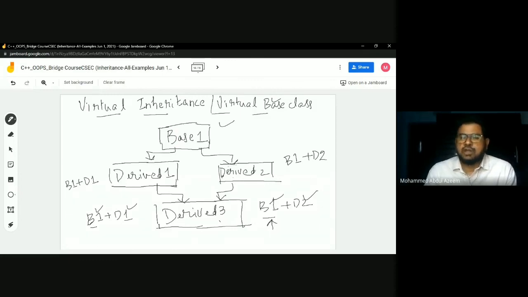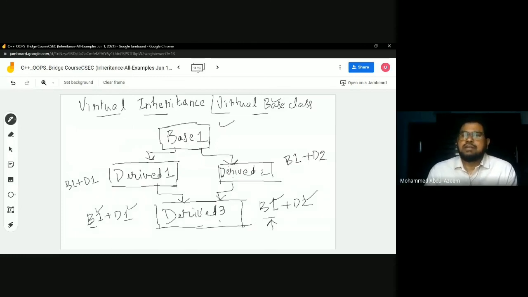I hope this is all clear for you, and the problem associated with inheritance we have seen with a typical example, where the duplicate copies of the base class can lead to some kind of discrepancies at derived classes.